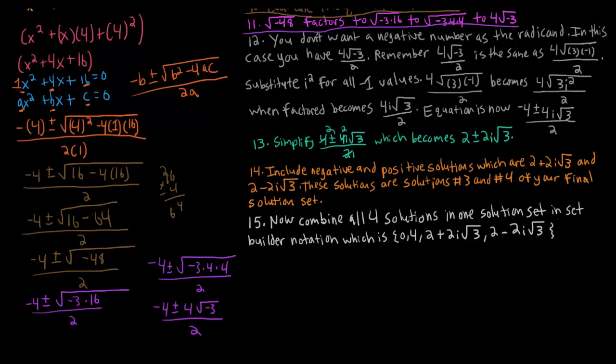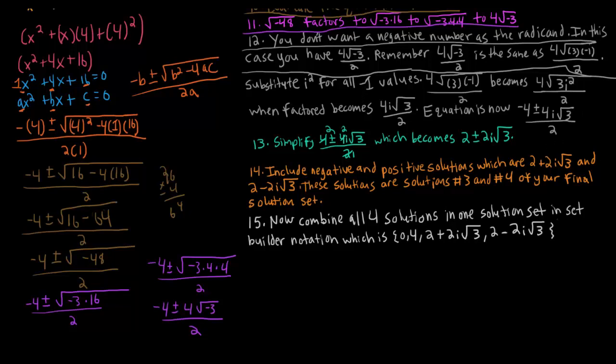And now for step 12. Step 12, you don't want a negative number as the radicand. In this case, you have 4 square root of negative 3 divided by 2. Remember, 4 square root of negative 3 is the same as 4 square root of 3 times negative 1.